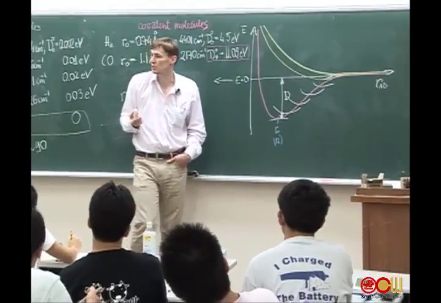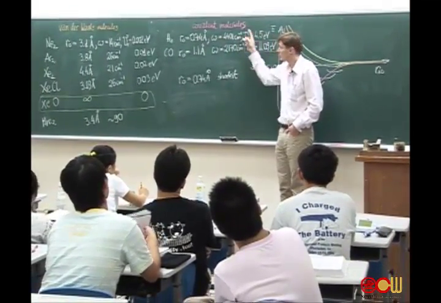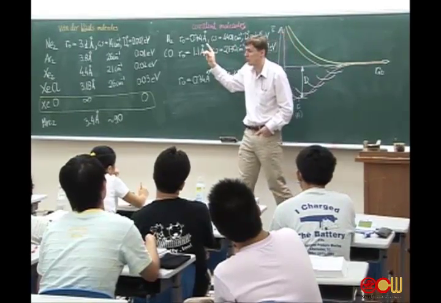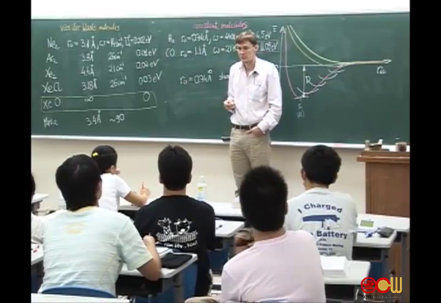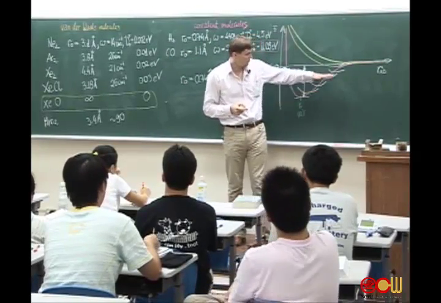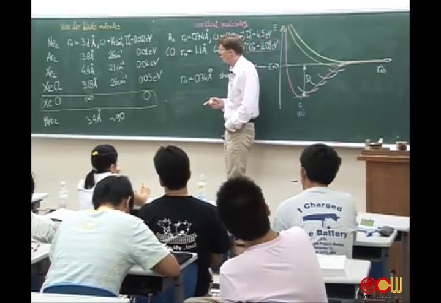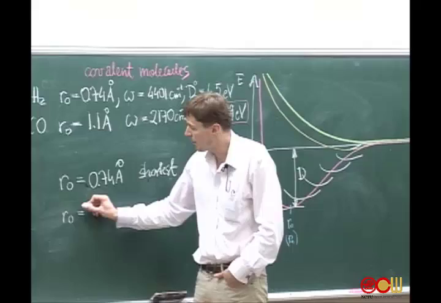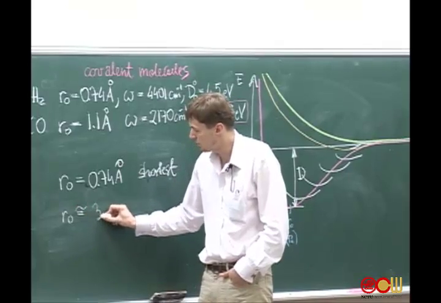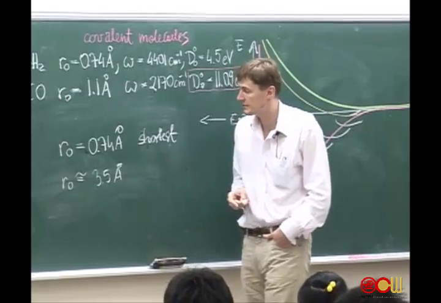So it's very difficult to define what is the longest, because these covalent molecules very slowly will transfer to the van der Waals molecules. You can find all the way. So we probably define the longest one, R0, as around approximately 3.5 angstrom. This is around the van der Waals.